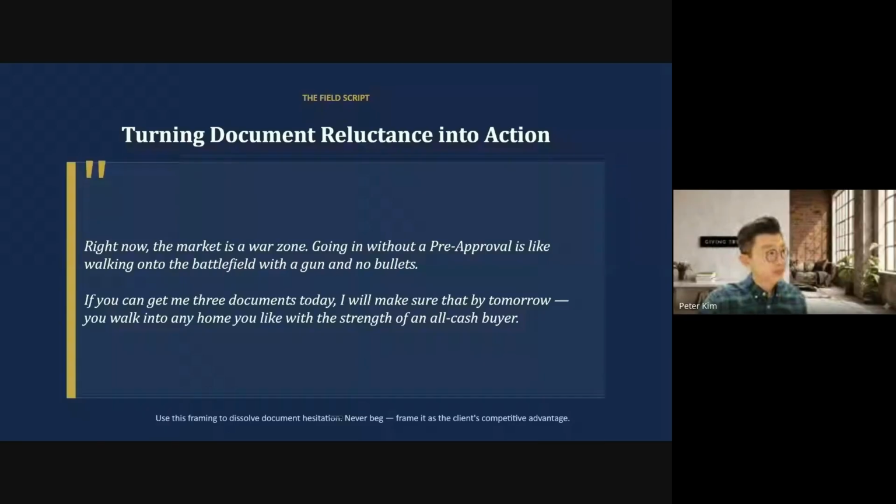So turning documentation reluctance into action comes from understanding what type of loan product we need to apply for. Is it a full doc W-2, a 12-month bank statement, or a P&L?